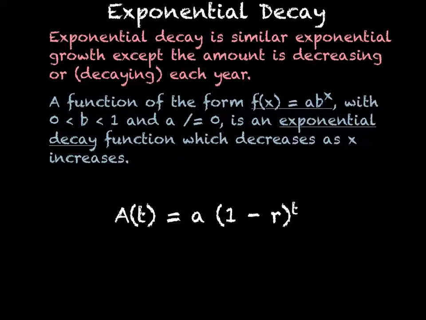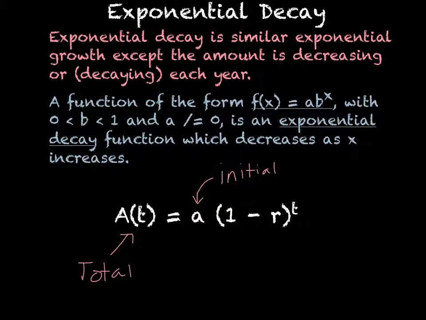Okay, so when we're looking at our function, A(t) is going to be our total amount, our final amount, however you're looking at it. The lowercase a is going to be my initial amount. You're going to start with a certain amount of money or a certain population or whatever.